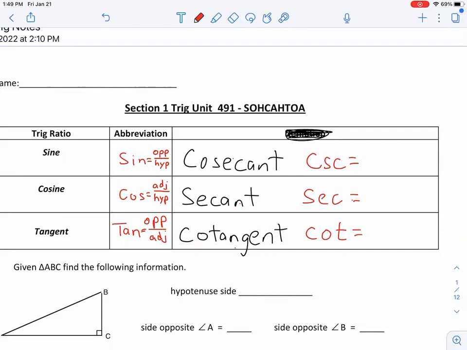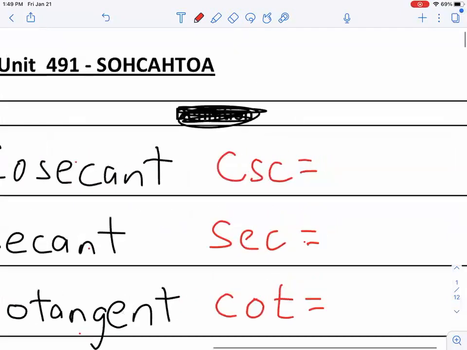The reason I wrote them in that specific order is because looking across, they go together. The sine matches with the cosecant in the sense that the cosecant is the sine flipped over. Since the sine is opposite over hypotenuse, the cosecant is the hypotenuse over the opposite.